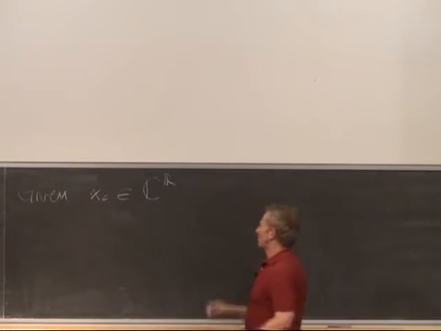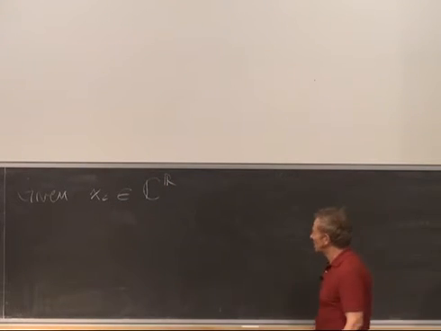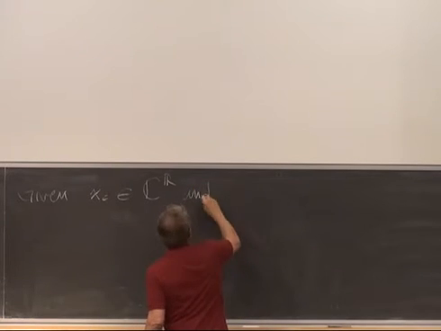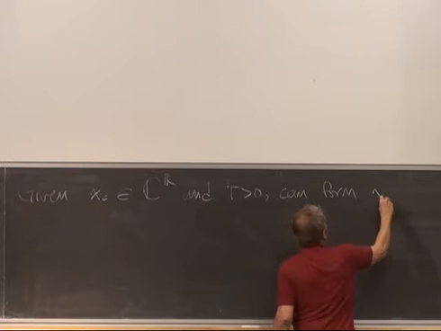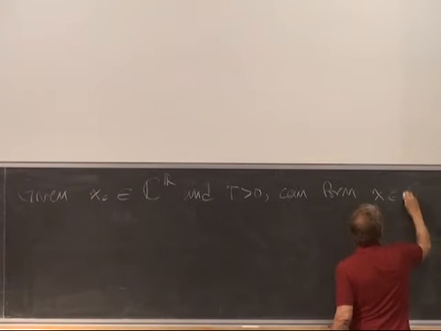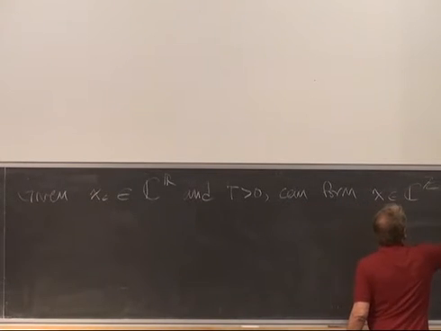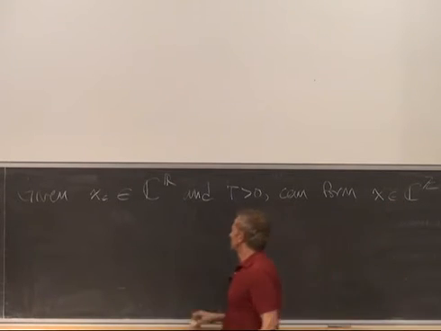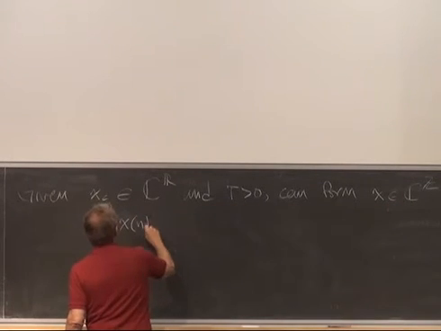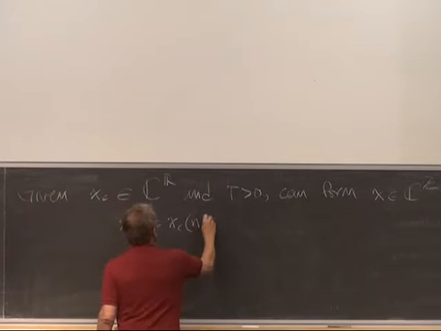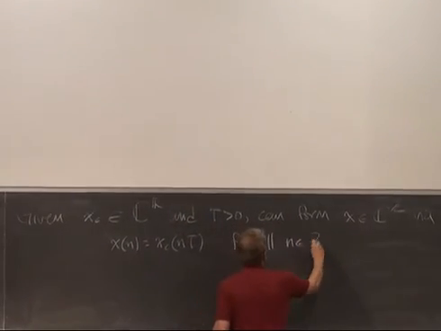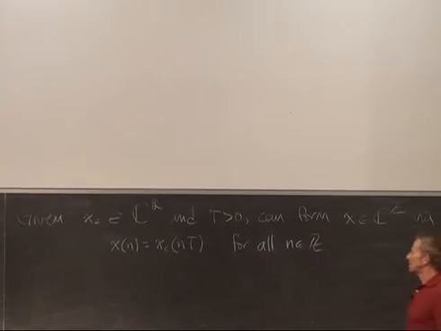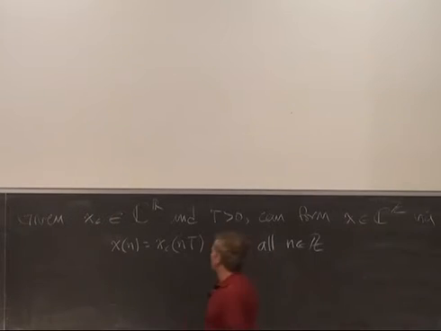So just right off the bat, say x sub c in C to the R, and some T bigger than 0, you can form a signal just plain x, and this is going to be in C to the Z by means of the following prescription. x of n is equal to x sub c of nT for all n. And this is just T sampling x sub c to give you x of n.